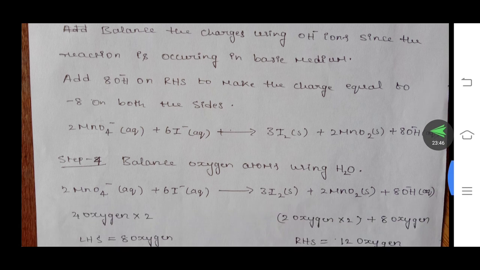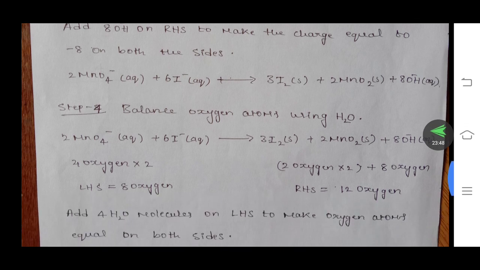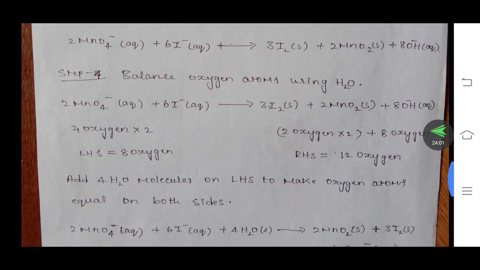Step 4, balance oxygen atoms using H2O. 2 MnO4 minus plus 6 I minus gives 3I2 plus 2 MnO2 plus 8 OH minus. Now you check oxygen. On the left hand side, 4 oxygen into 2, so you get 8 oxygen.